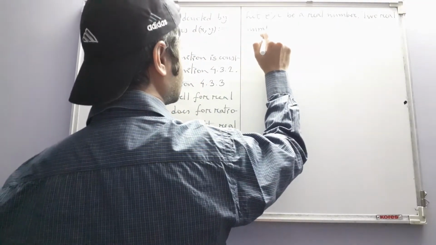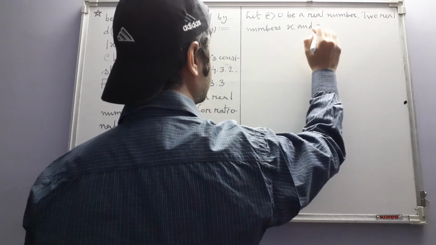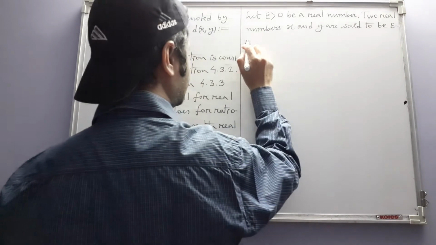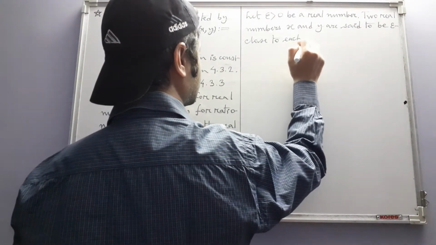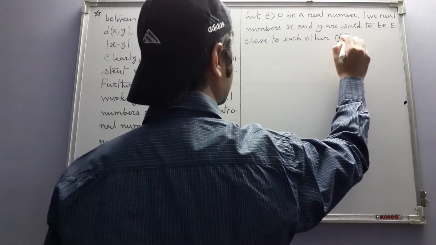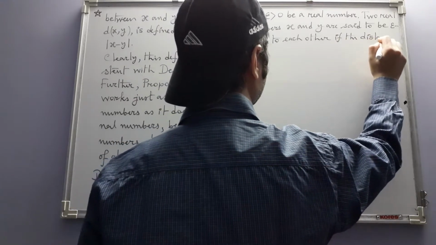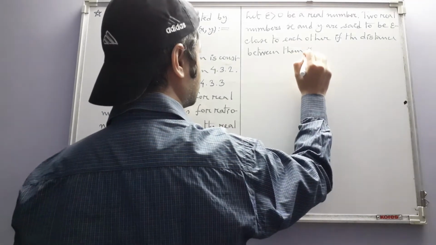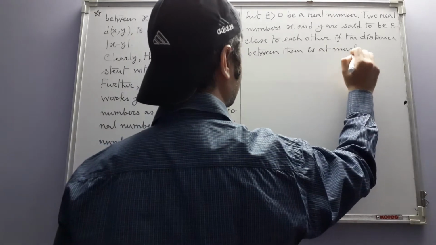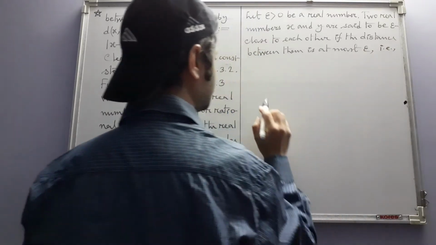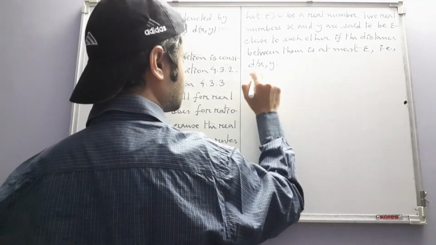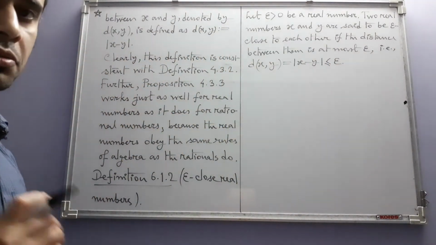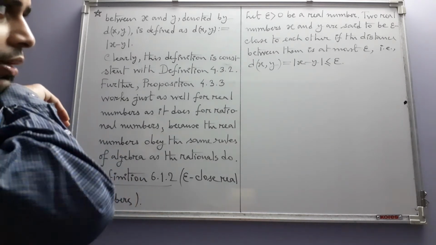Two real numbers x and y are said to be epsilon close to each other if the distance between them is at most epsilon, that is, if this inequality is true for x and y, then we say that, just like before, x and y are epsilon close to each other.